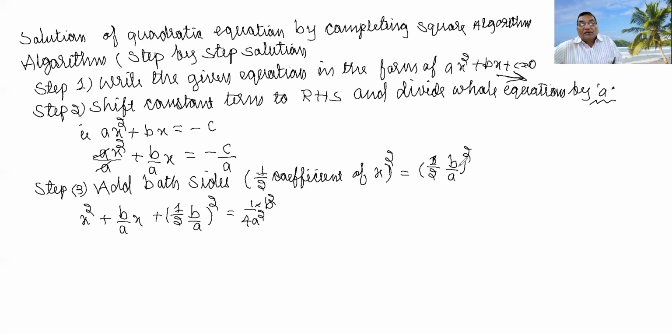Half of b upon a means b square upon 4a square, minus c upon a. Now, LHS automatically becomes a square term.